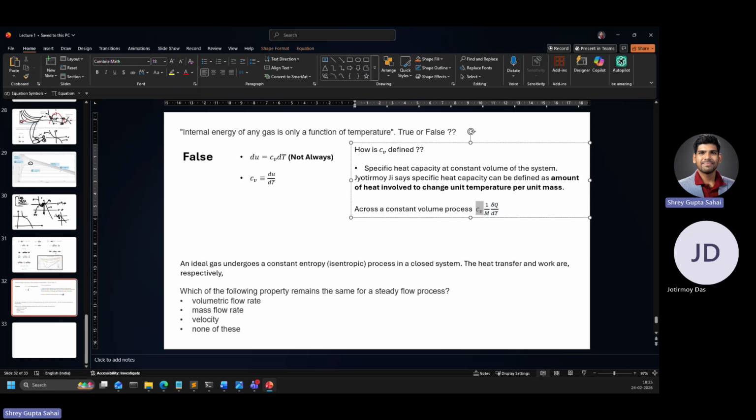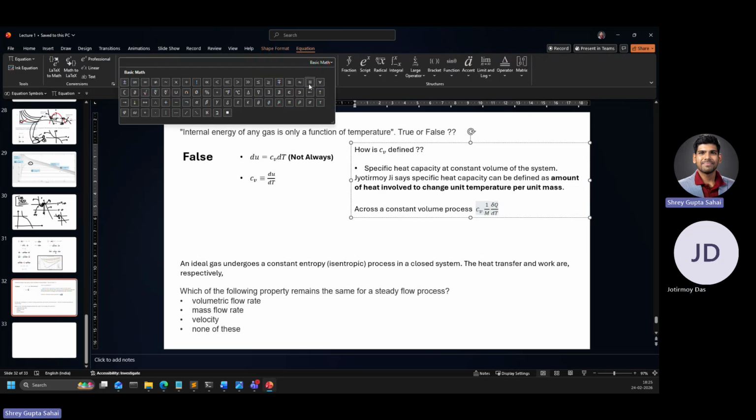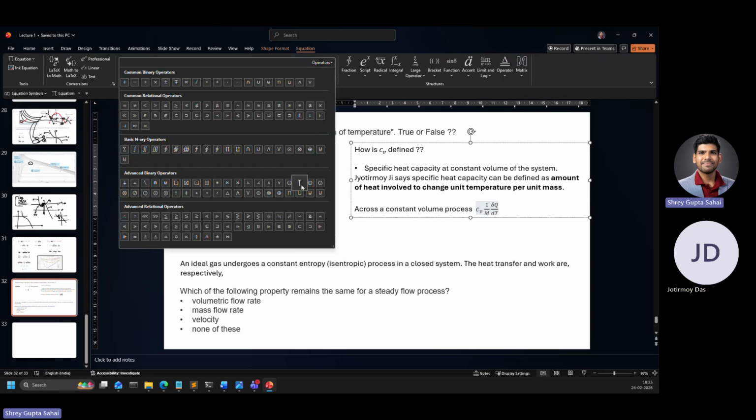No, this is not the right one. Oh no. I'm wasting time on this, but anyway, it should be somewhere here.